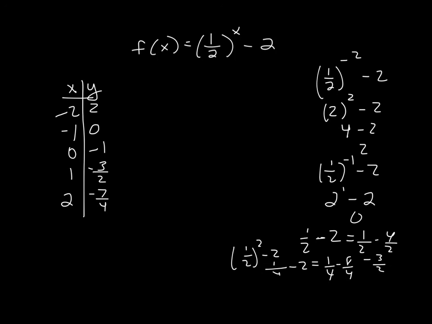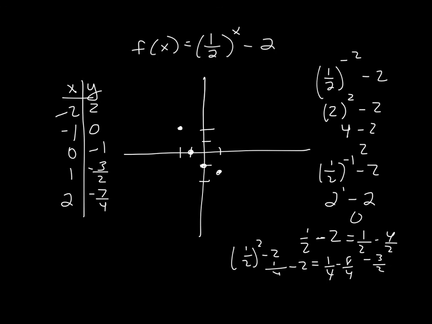All right, here we go. This is kind of a big moment here because it's the first graph we're going to see where this is a fraction less than 1. It's going to look different. Negative 2, 2. Negative 1, 0. 0, negative 1. 1, negative 1.5.